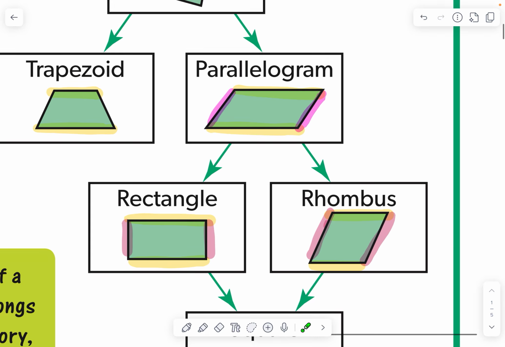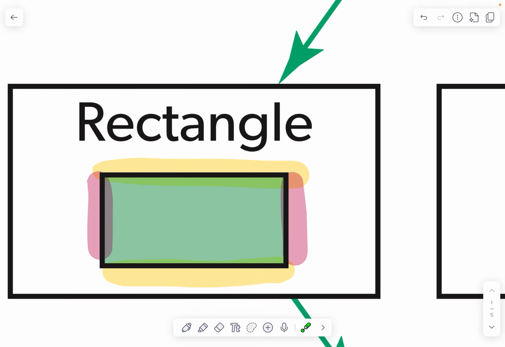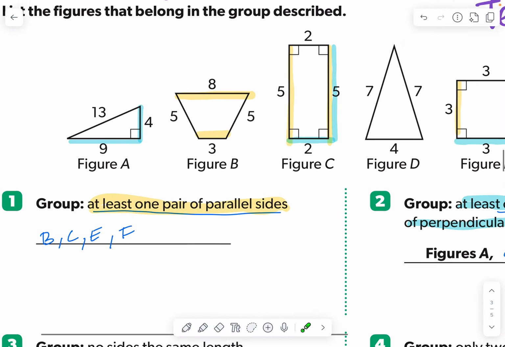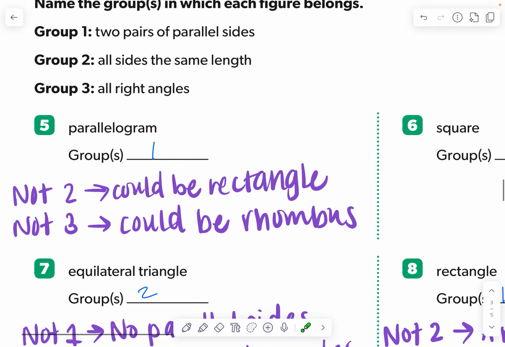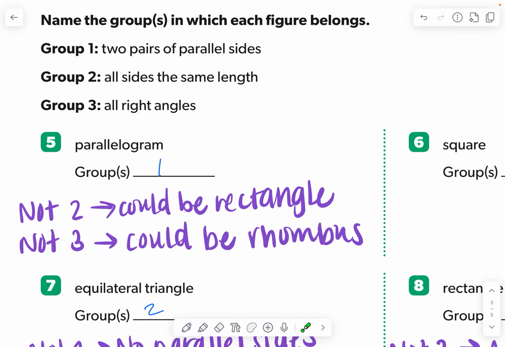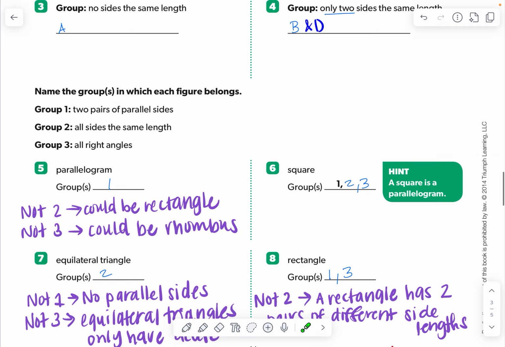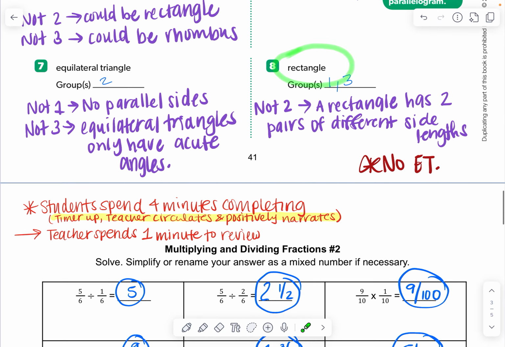In our concept map, it says rectangles are parallelograms, and our rectangles don't all have the same side lengths, so no. Do parallelograms all have right angles? No, because they can also be a rhombus, right? The shape that looks like this. No 90-degree angles, no right angles. Okay, so students are going to have to do the same thing to figure out, is it a square, is it an equilateral triangle, is it a rectangle?